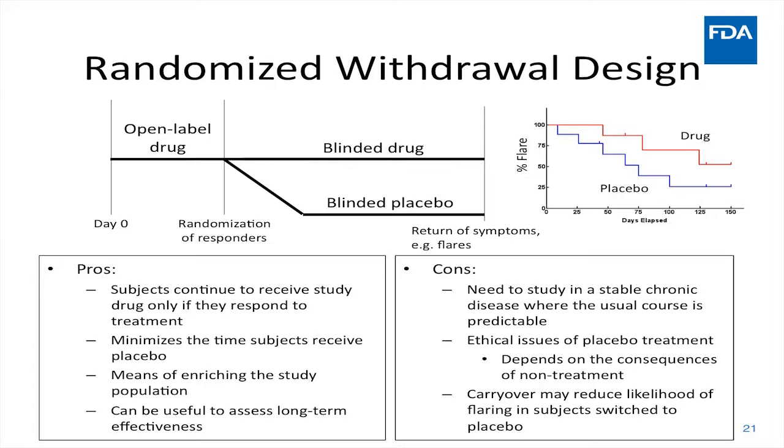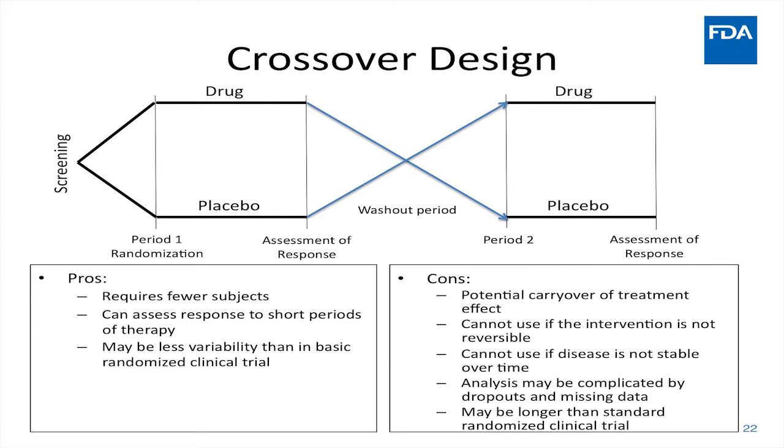Now, for a disease that is highly symptomatic and you can assess symptomatic response quickly, and for a drug with short half-life, a crossover study design might not be unreasonable. And we also have good examples of where this was used.